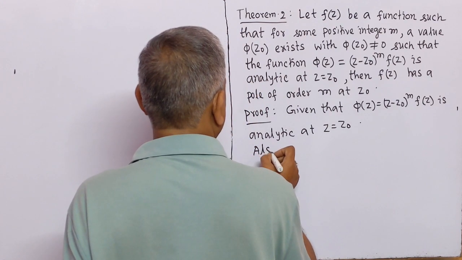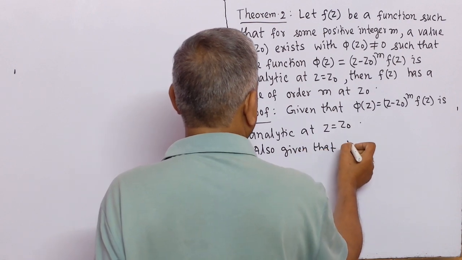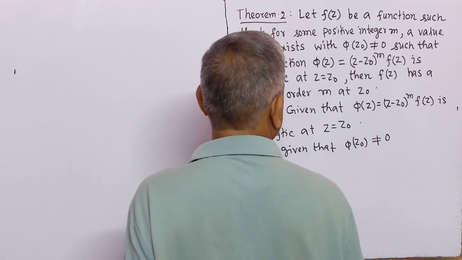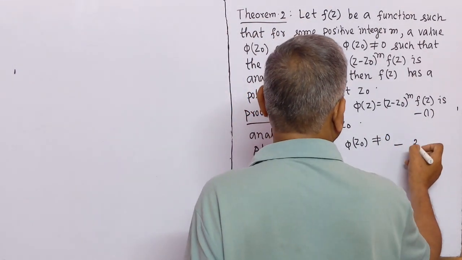Also, given that phi(z naught) not equal to 0, let this be number 1 and this be number 2.